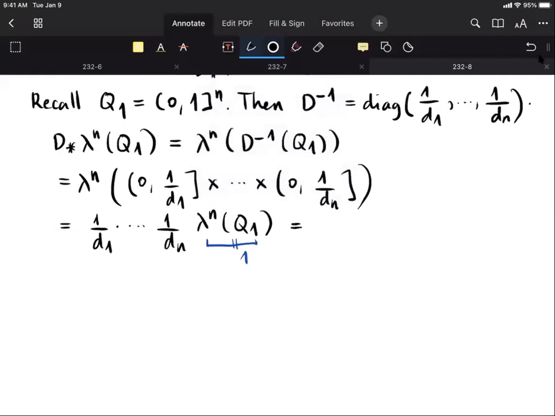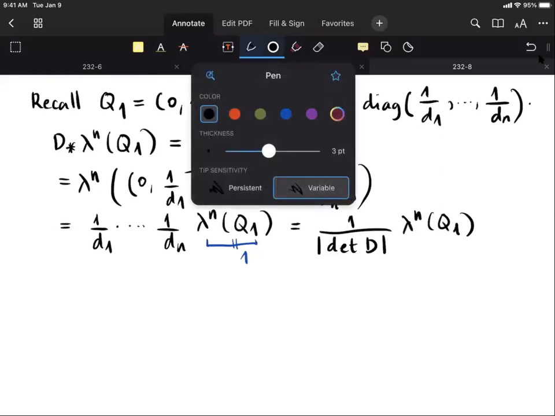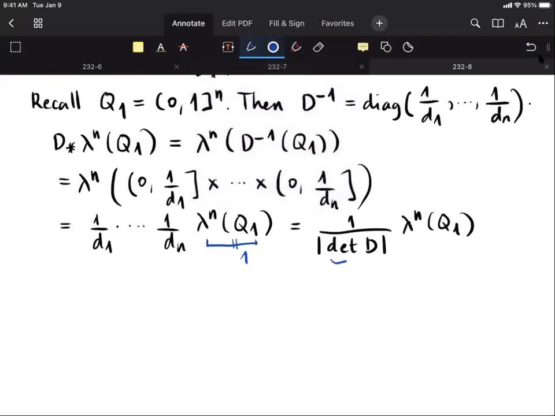Okay, so this is in fact the reciprocal of the determinant of D. Since the d sub i's are positive, then we can write this. So you can put the absolute value since the determinant is positive. Take note that this is positive.